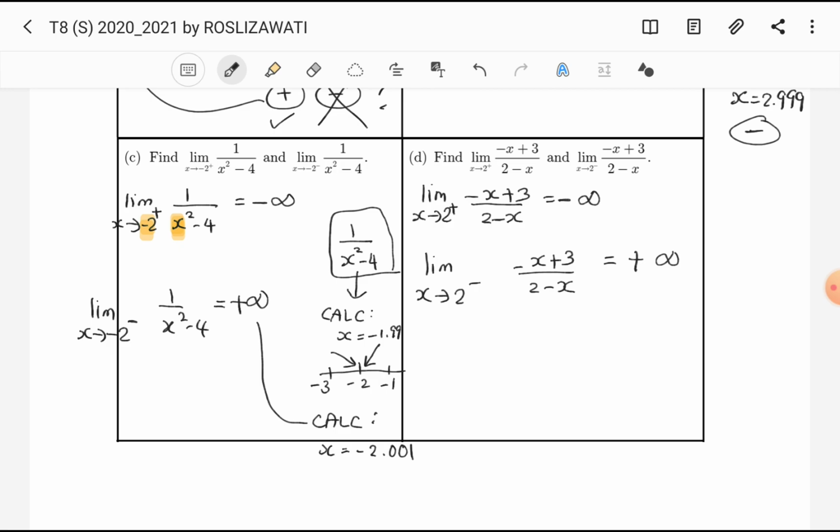Okay. Kalau kita plug in nombor dia tu, kita dapat infinity, okay, infinite limit, kita akan guna calculator untuk decide dia tu positif atau negatif infinity. Ya. Okay, thank you very much.